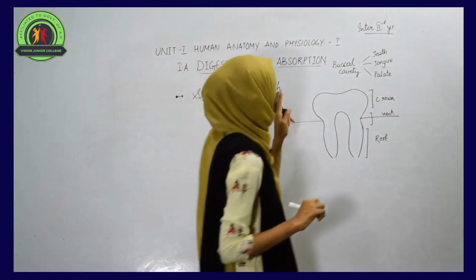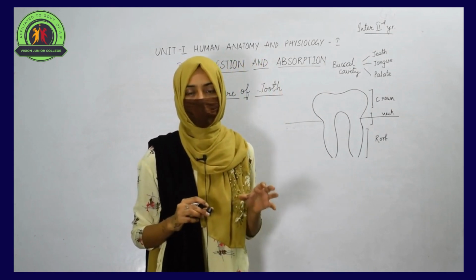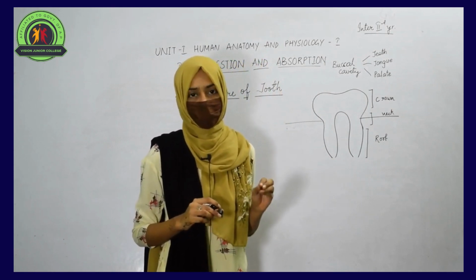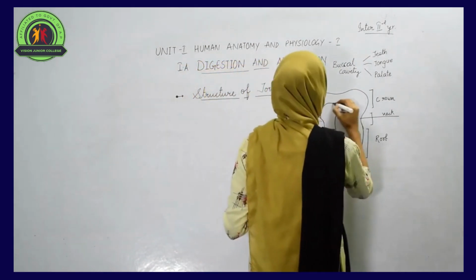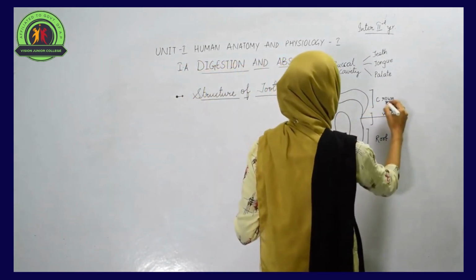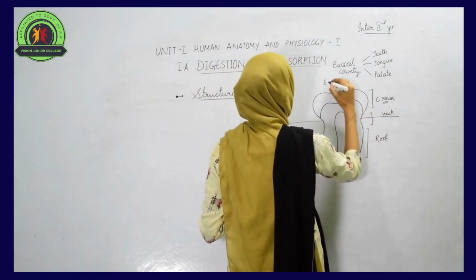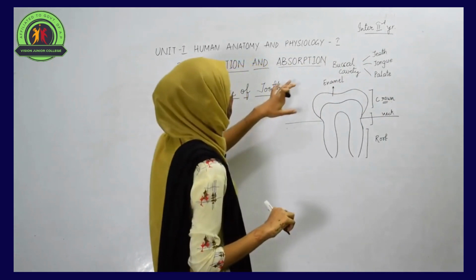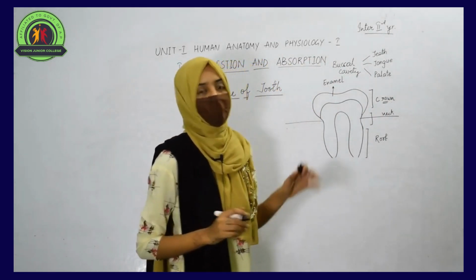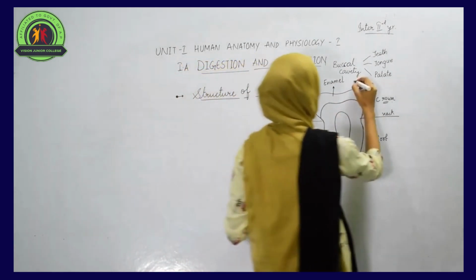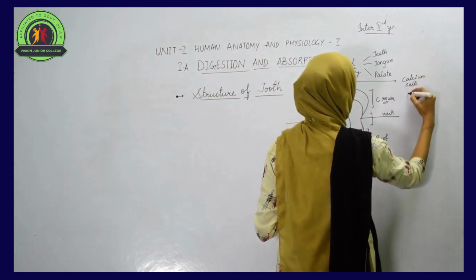Firstly, the white colored hard part of the tooth which is visible to us is called enamel, and it is found in the crown region of a tooth. Enamel is the hardest part of our body, and it is made up of calcium salts and even fluorides.